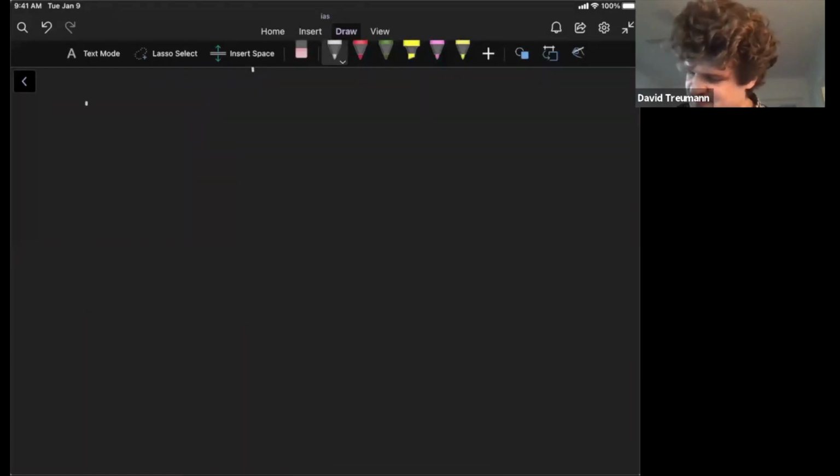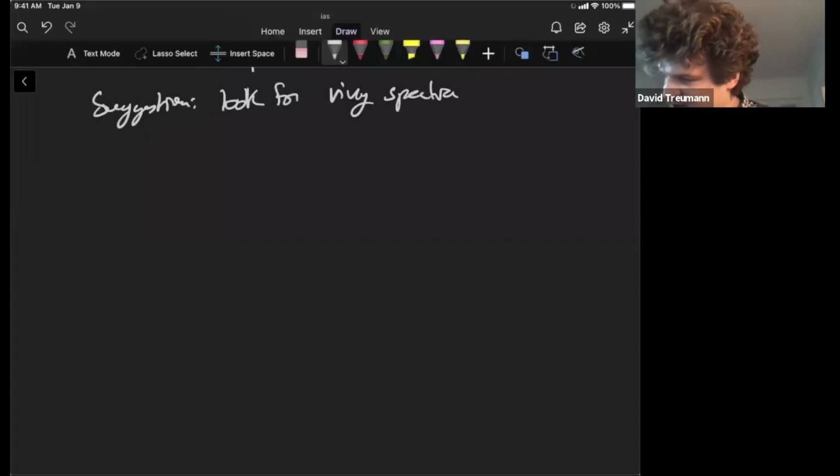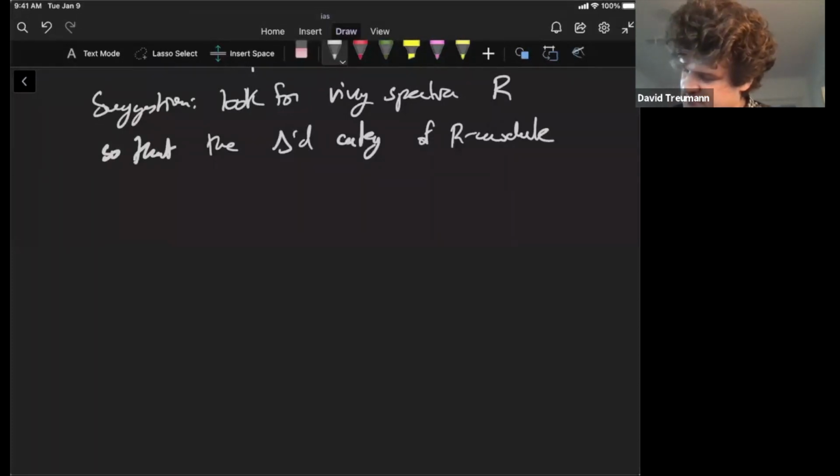So this lecture, I just want to make a suggestion, which is to look for ring spectra, more or less ring objects in the category of spectra, so that the triangulated category of R module spectra, let's call these R, is not too complicated.